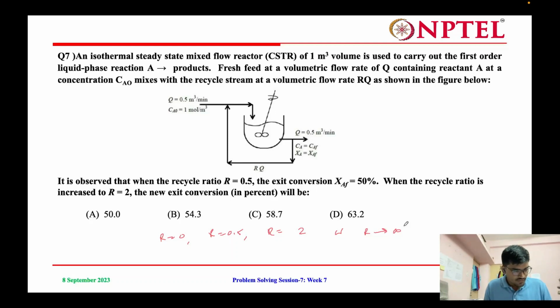So XAF will remain the same, that is XAF equal to 50%.